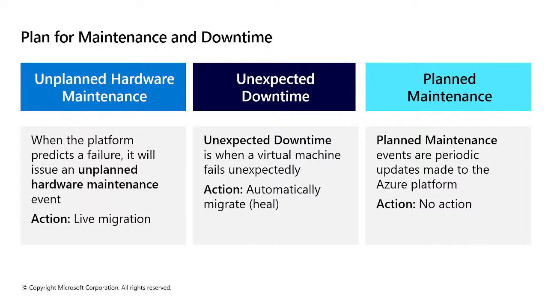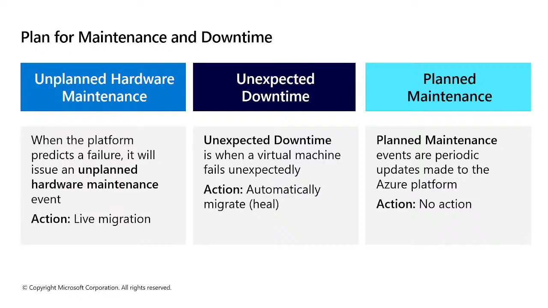Some of the time you would see mails from your bank saying, on the 28th of this month, at such a time to such a time, our application might not be accessible. That's planned hardware maintenance. That also happens within the Azure environment, where the platform predicts a failure and issues an unplanned hardware maintenance.